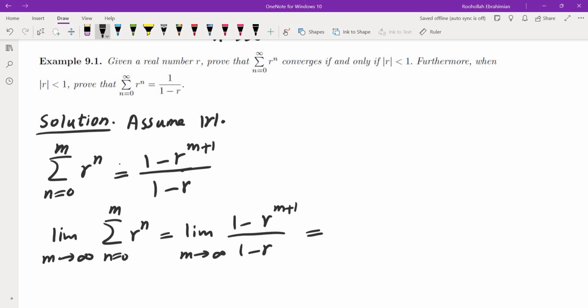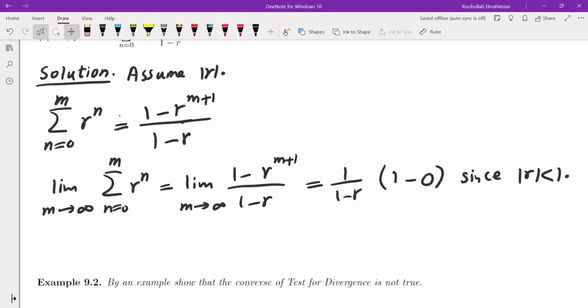Now 1 minus r is a constant, so we can take it out. So 1 over 1 minus r can be taken out, times 1 minus the limit of r to the power of m plus 1. Since r to the power of m plus 1 approaches 0, I can just replace that by 0. And this is because the absolute value of r is less than 1.